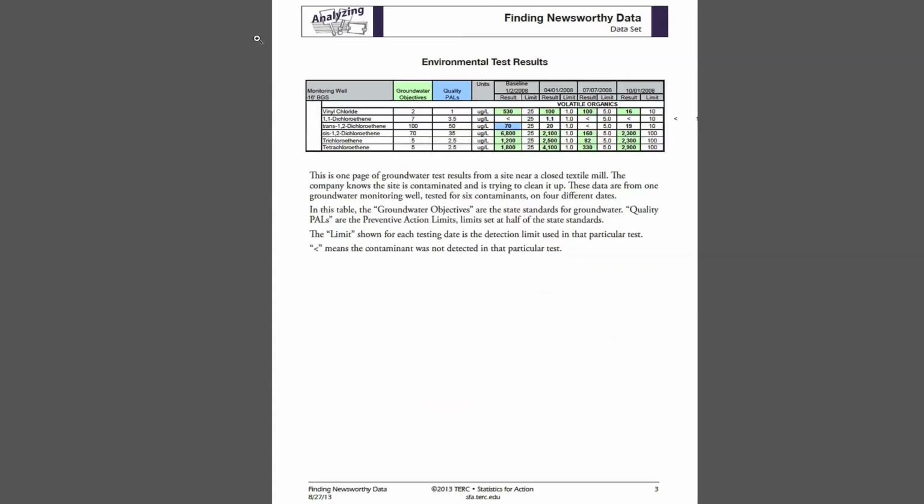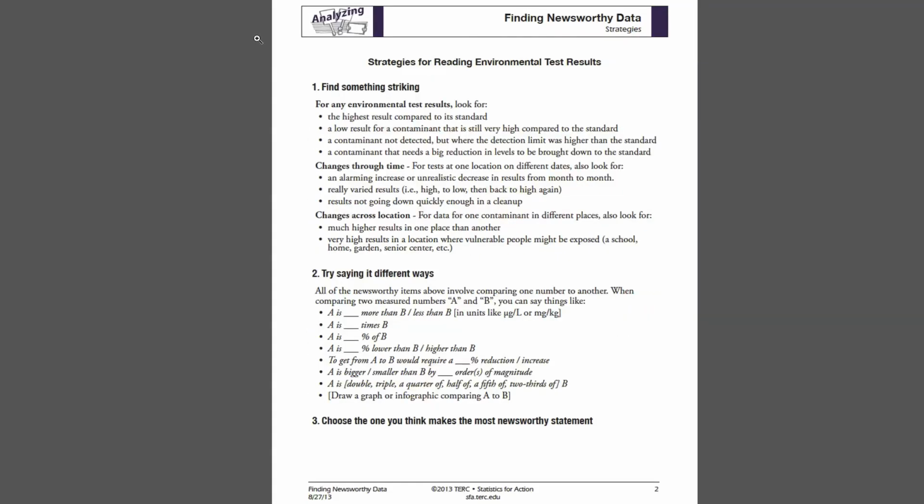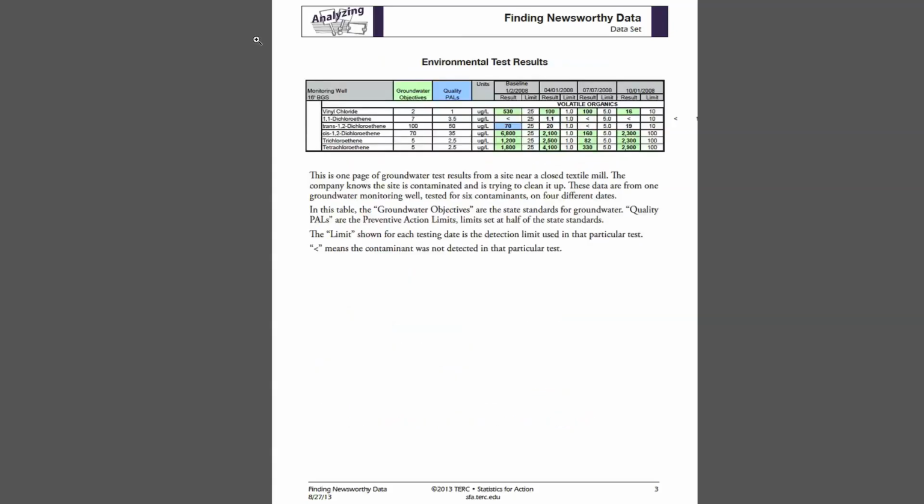Going back to the strategies page, we do provide the data set you saw, but these strategies are written so they can apply to any environmental test data. So, if you're ready to dive into your own data, you don't need to use the data we provide. With that said, we realize that not every data set is identical. We have 4 different versions here.